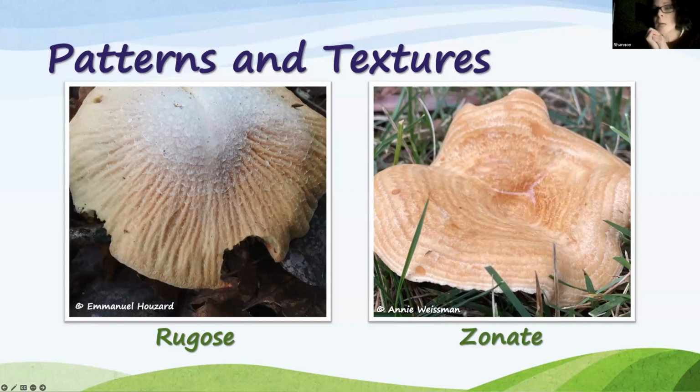So please keep in mind that while your identification manual might say that a mushroom cap is radially wrinkly or rugose and has a roughened surface with a scurfy, scaly-like sheen on top, that may be readily reflected in a very young specimen, but may be less apparent as the mushroom ages. And the same with zonation and color in general.